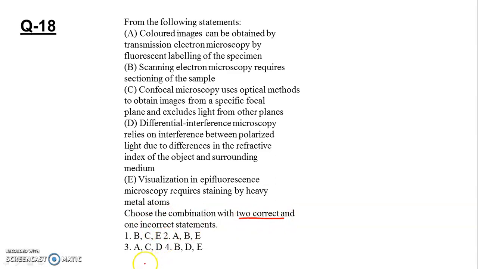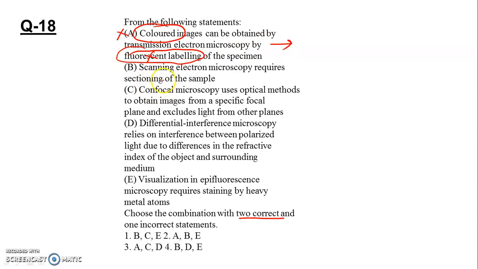Colored images can never be obtained by transmission electron microscopy, and fluorescent labeling is for fluorescence microscopy, so option A is wrong.